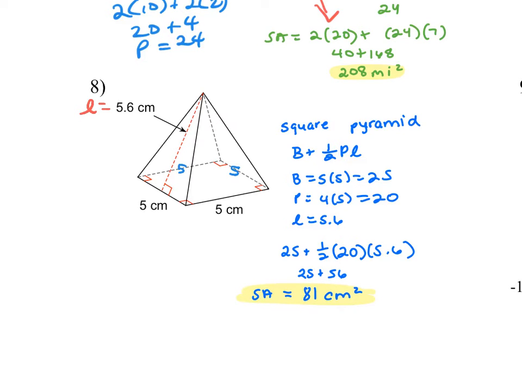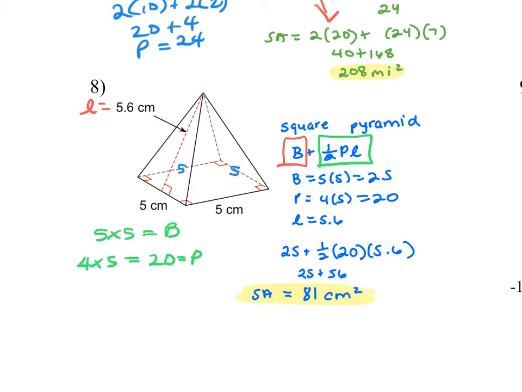So the formula to find area of a regular pyramid is area of the base plus 1/2 perimeter times slant height. So my base area is 5 times 5, because it's a square. And then my perimeter of my base, all sides are 5, and there are 4 sides, so 4 times 5 would be 20, and that's perimeter.